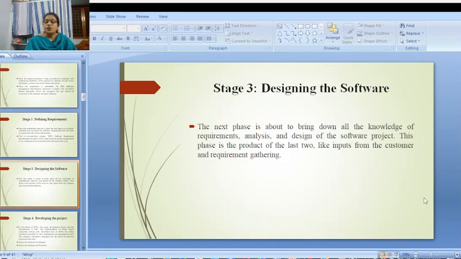This phase is the product of the last two, like inputs from the customers and requirement gathering. So to design all the software information as per the SRS document, various requirements are defined in this analysis phase.